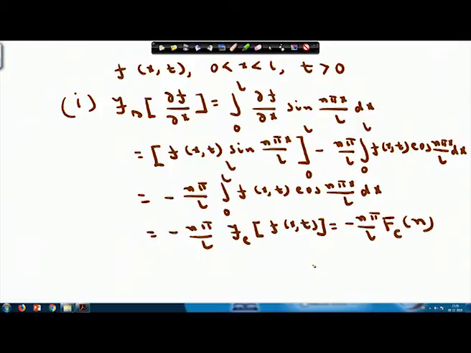Therefore, the Fourier sine transform of del f del x is nothing but minus n pi by L into the Fourier cosine transform of f of x t.